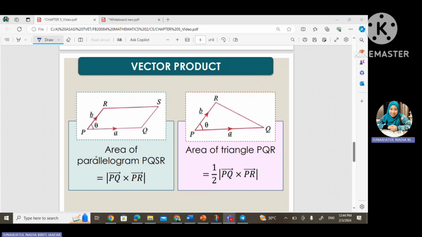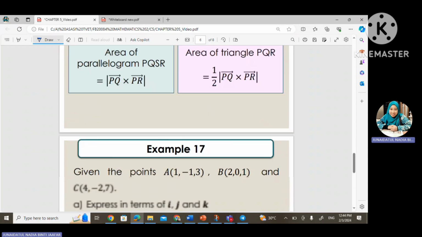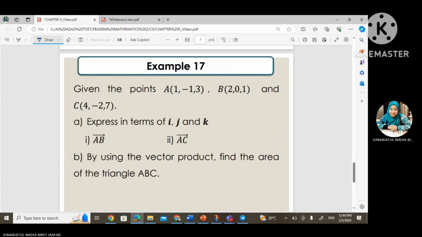So the area of parallelogram PQSR is equal to the magnitude of PQ cross PR. Okay, and then the area of triangle PQR is equal to 1 over 2 times the magnitude of PQ cross PR. Okay, so we look at the example.